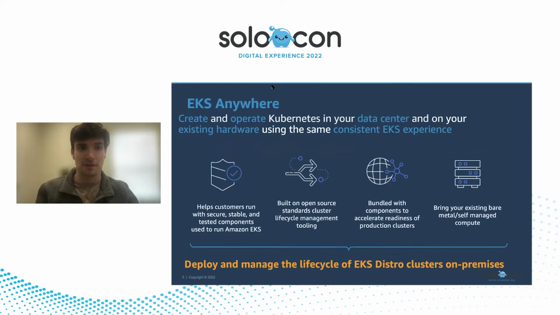So the first thing we want to cover is what is EKS Anywhere? For people who aren't familiar, this is our on-premise version of EKS that we released in September of 2021. It's based off the same Kubernetes distro, which is EKS Distro, that EKS is built on.